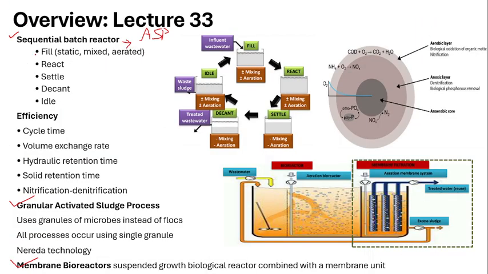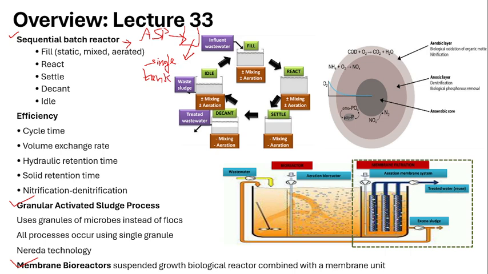But the sequential batch reactor works in only a single tank. All the mixing, aeration, settling and removal of the supernatant happen in a single tank. That is the major difference between ASP and the sequential batch reactor. Only a single tank is used in the sequential batch reactor.